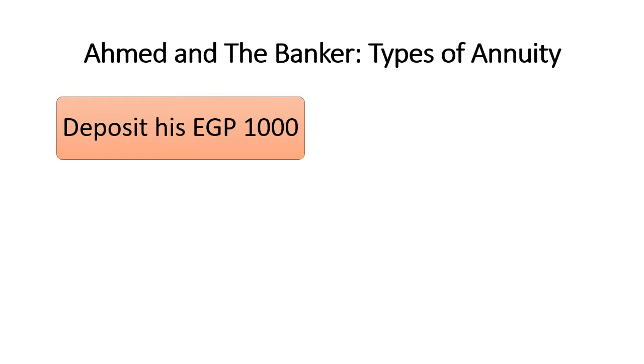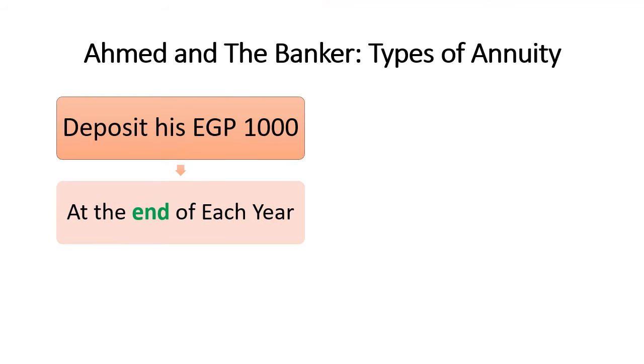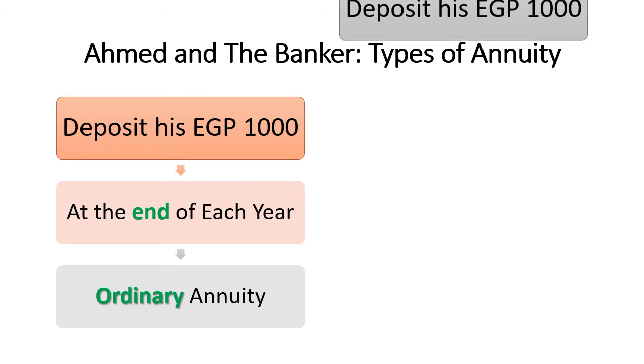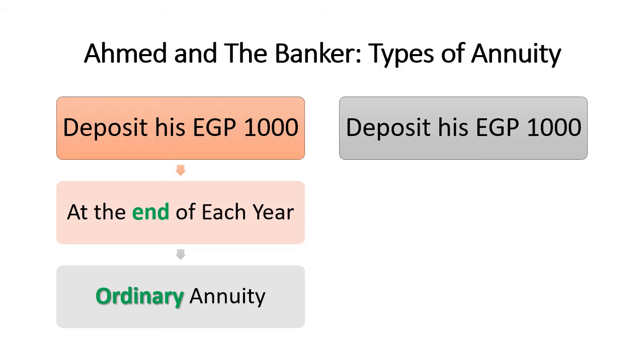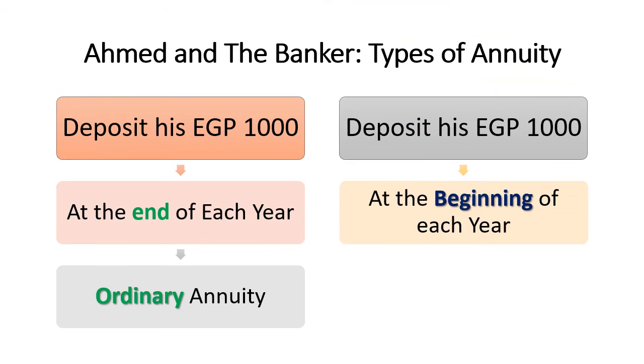If Ahmed deposits his 1,000 Egyptian pounds at the end of each year, this is a case of ordinary annuity. But if he wants to deposit the 1,000 Egyptian pounds at the beginning of each year, this is a case of annuity due.